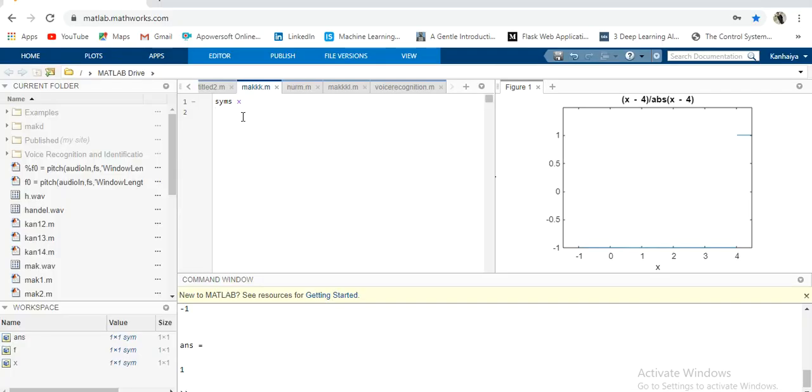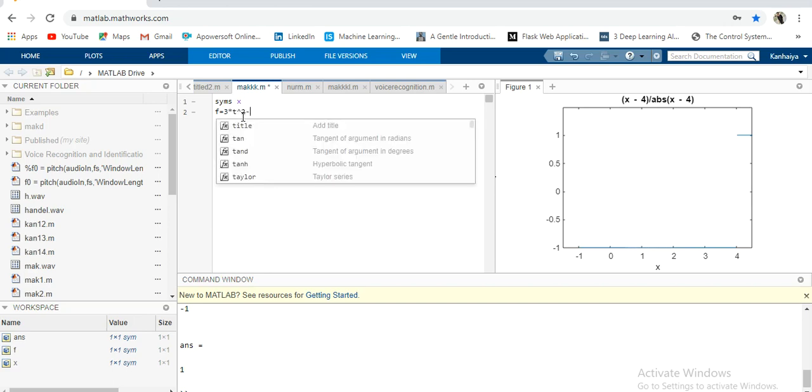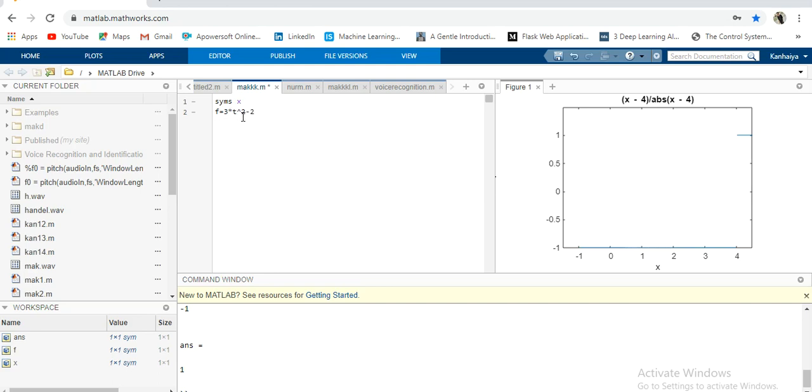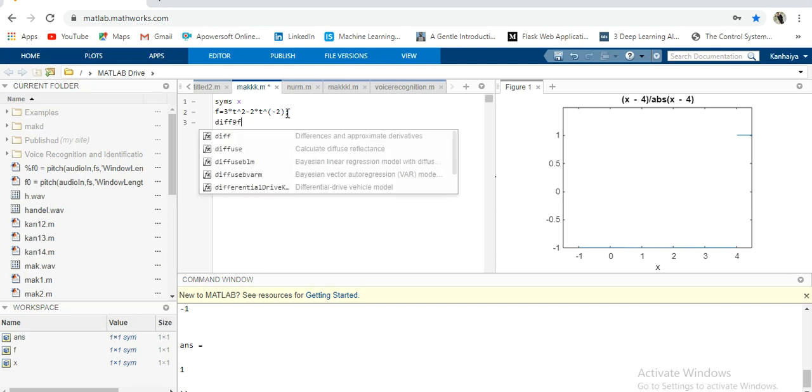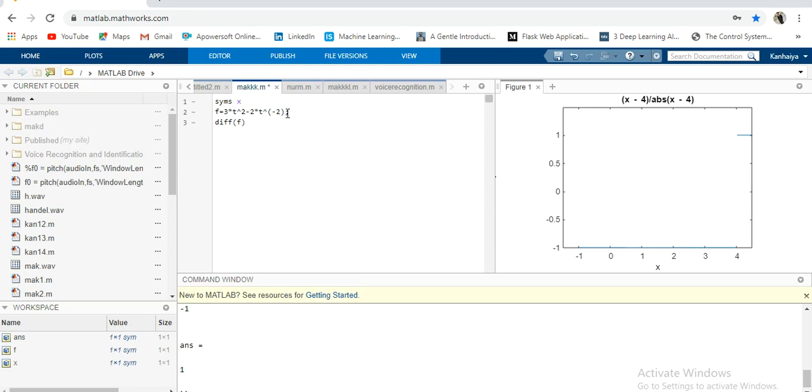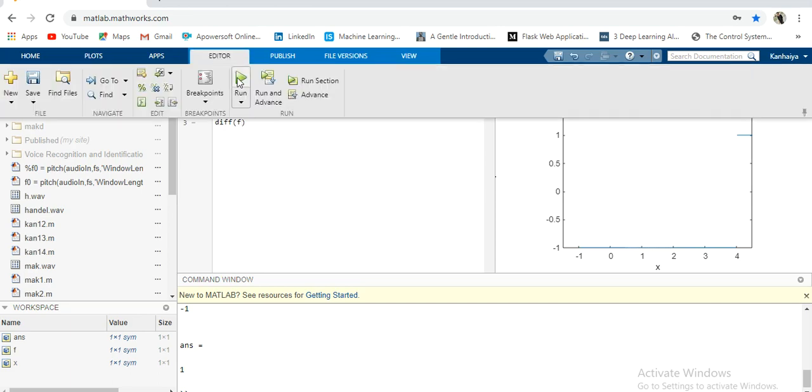We have specified the variable, f equals 3 into t to the power 2, plus 2 into t to the power minus 2, and we have to differentiate it. That means diff f. Now run it.